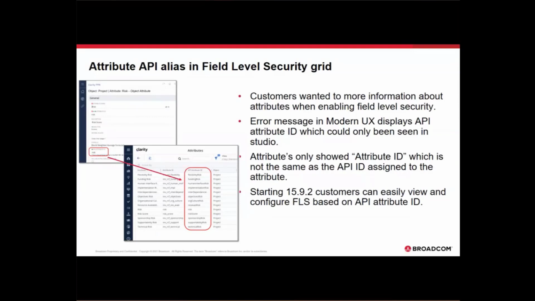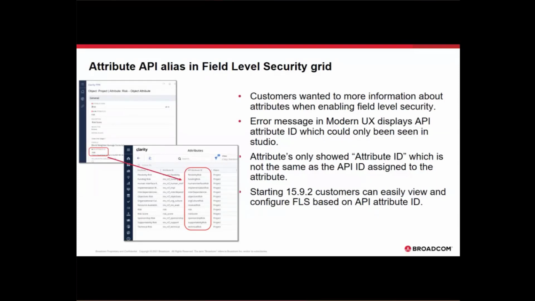Error messages in the modern UX would display the API attribute ID, which the admins would have to then go back into the studio in the past to find which specific attribute it was complaining about. Now they can come into the attributes in the modern UX and find which specific attribute the error is being displayed for.